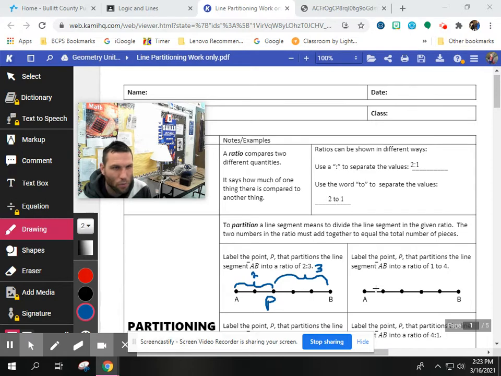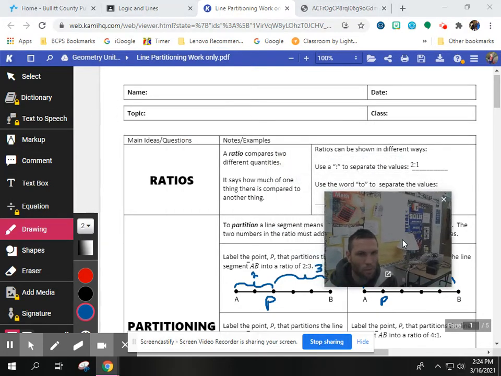It's not 2 divided by 3, it's not written as 2/3. It's really more like saying 2/5 or 3/5 if you were to divide it out, but this is segmenting it into a ratio. So this ratio is 1-to-4, and you have 1, 2, 3, 4. That's point P right there, partitioning it from 1-to-4.